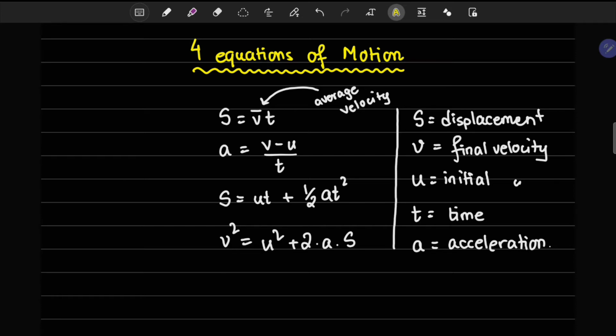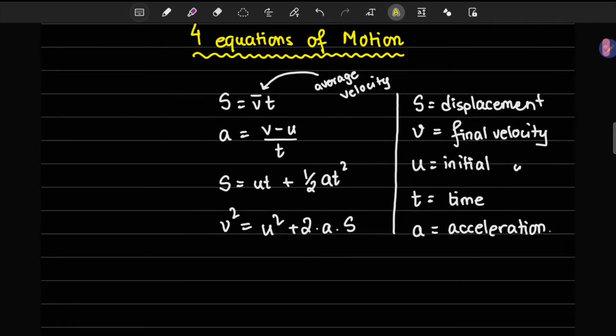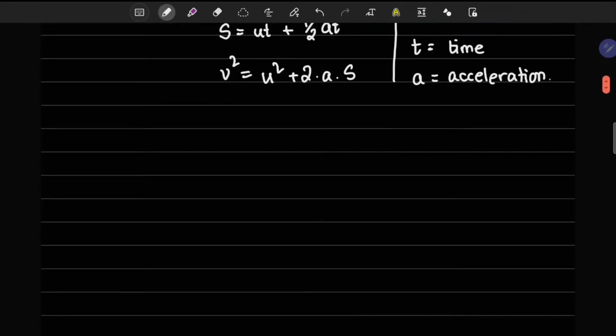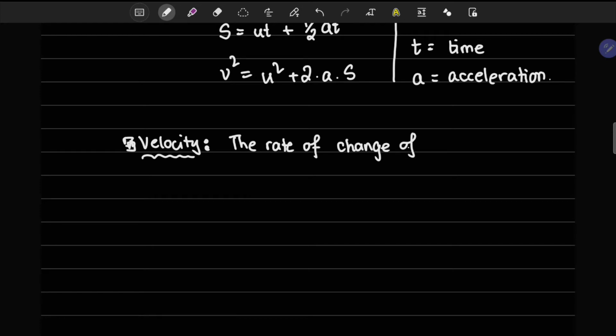Now, we want to come to the explanations of how they come into being, which is their derivations. By default, we know that velocity is basically the rate of change of displacement.